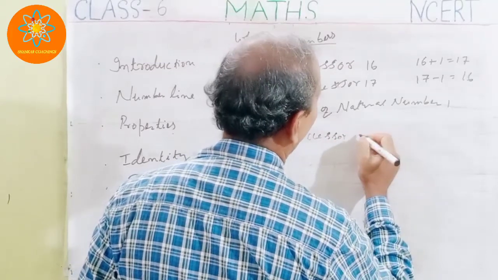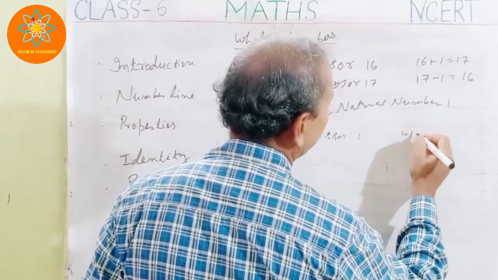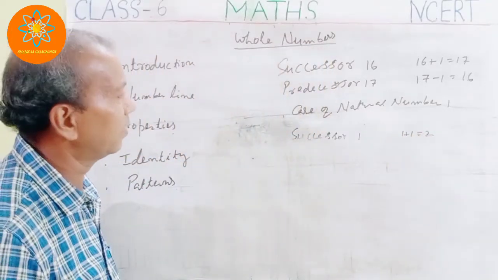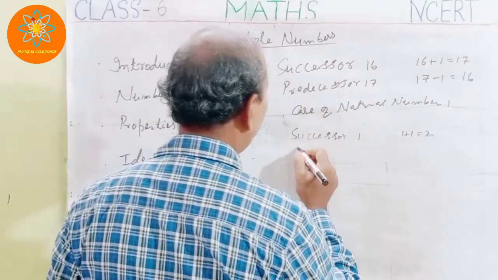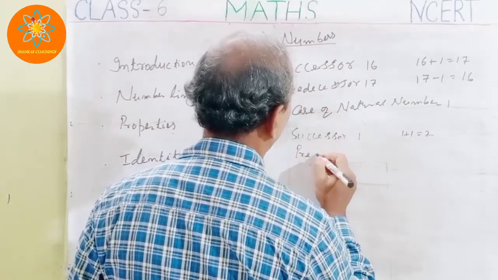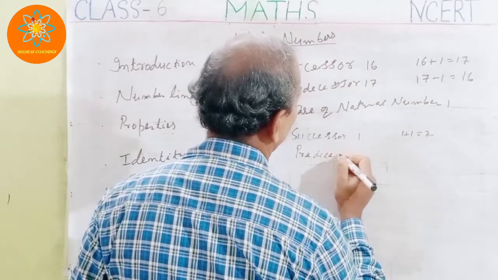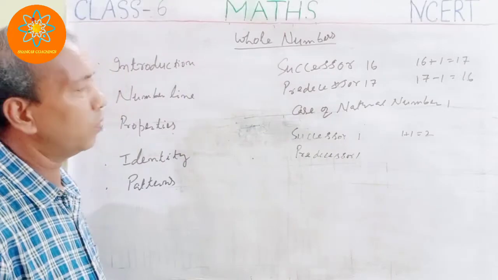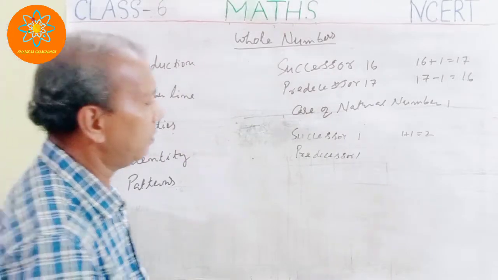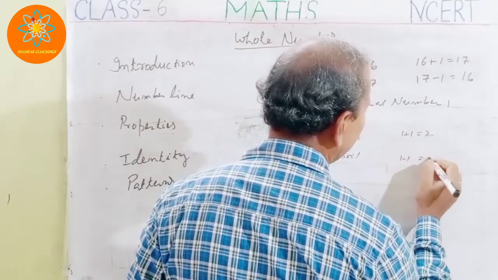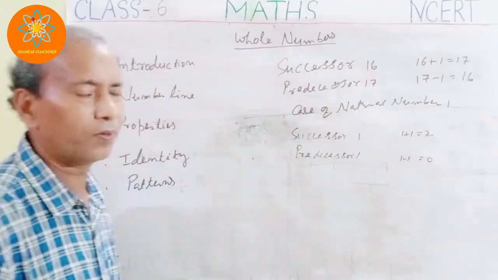So the successor of 1 is 1 plus 1, that is equal to 2. Now let's suppose I want the predecessor of 1. So what is the predecessor of 1? It is 1 minus 1, that is equal to 0.